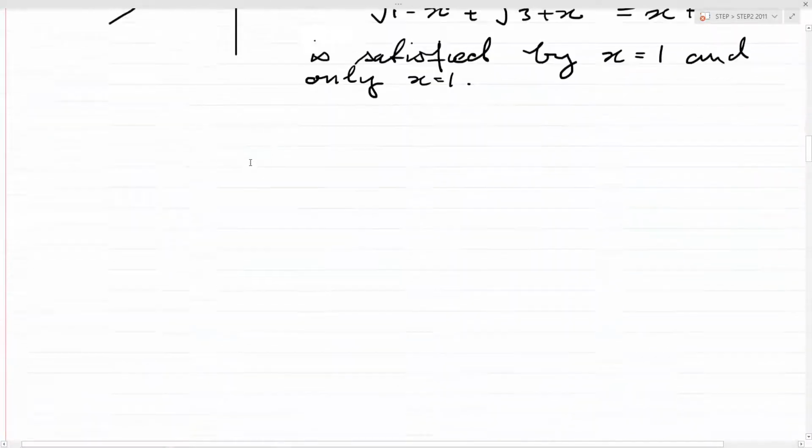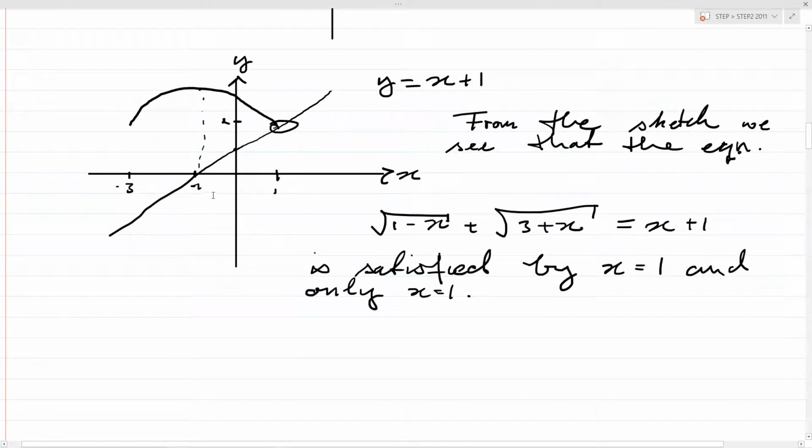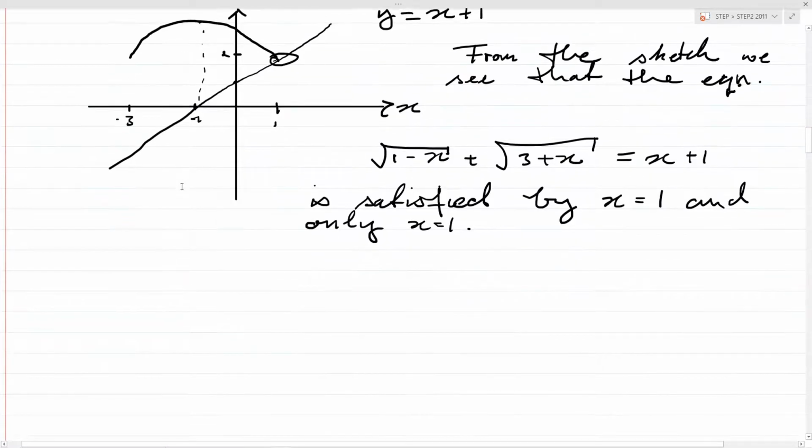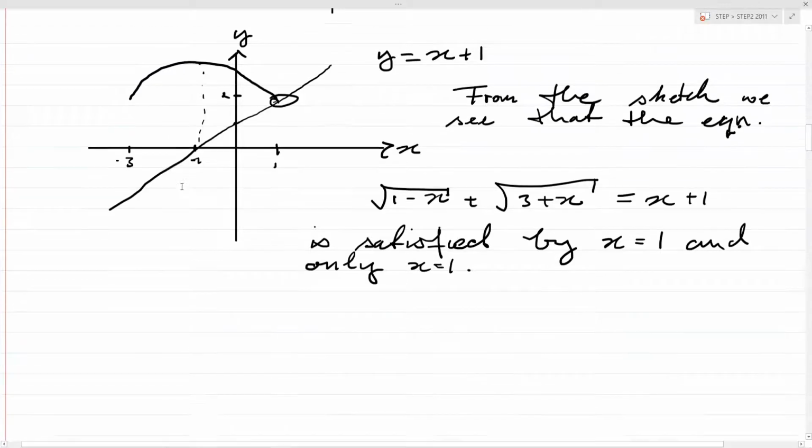So doing that, hopefully, we'll be able to see graphically a very similar idea to what was here to find solutions. If you think about the two graphs intersecting, then you will get one solution. If it intersects in more than one place, then you will get the number of intersections as solutions.